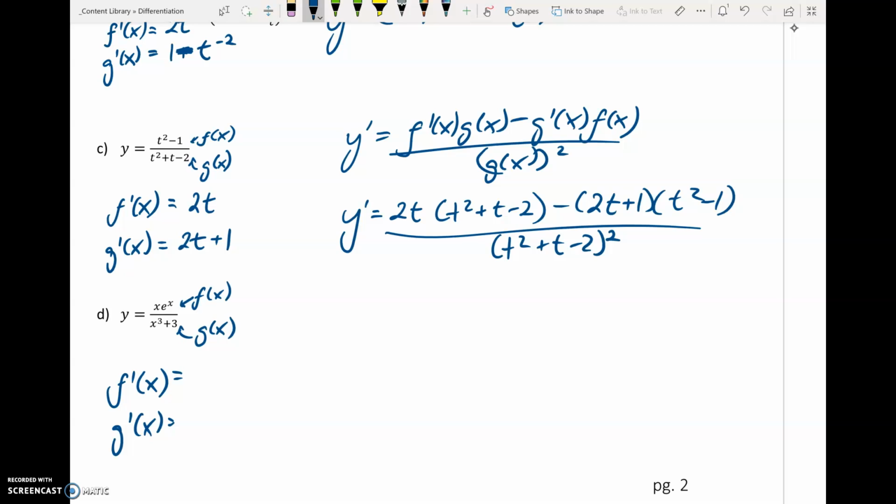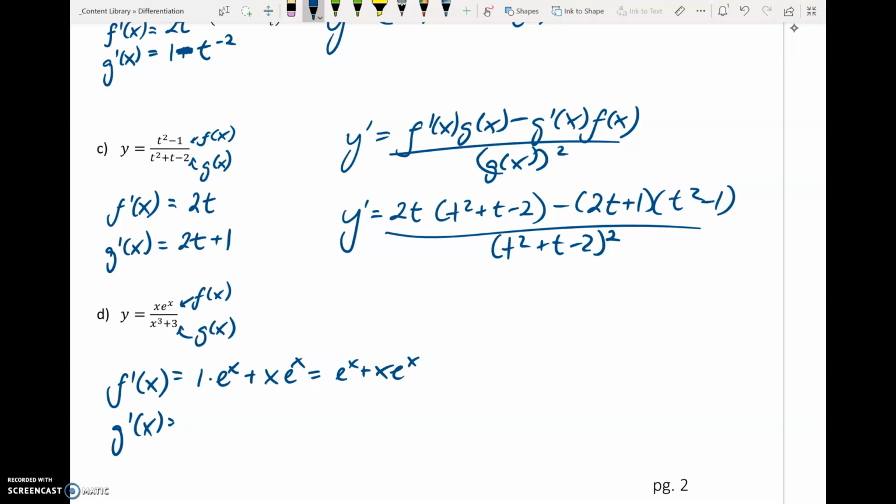Let's let x be our first function and e to the x be our second. So our derivative of x is going to be 1. And then we'll leave e to the x alone, plus leave x alone, then the derivative of e to the x, which is e to the x. In other words, we have e to the x plus x times e to the x.